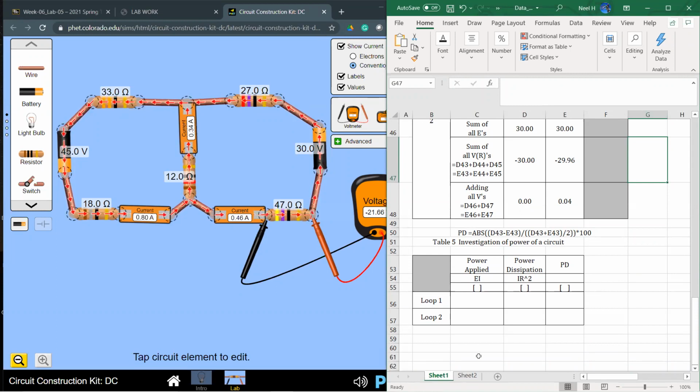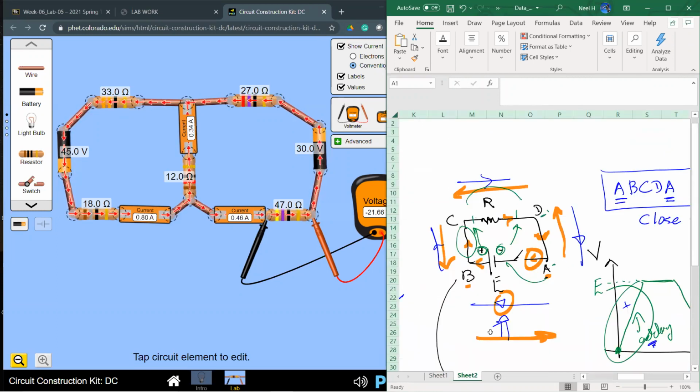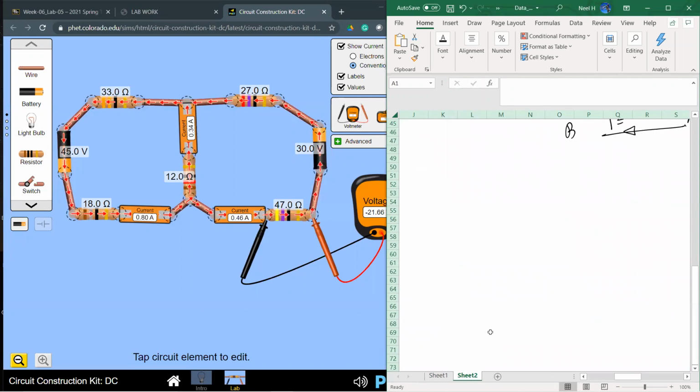The idea of power, I think you came across in your lecture class by now. Power means the voltage times the current. It also means how fast energy is being supplied or disappearing, right? Now you know Ohm's law is V equals IR.